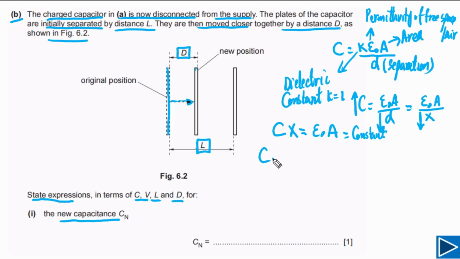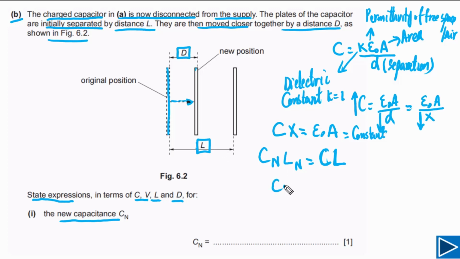So Cn, the new capacitance, times the new distance between the plates, Ln, has to be equal to the initial capacitance C times L. L was the initial distance between the plates, as given, and we need to find Cn.